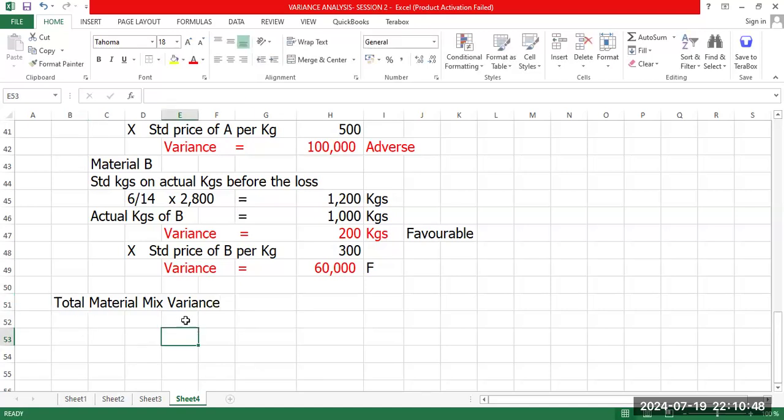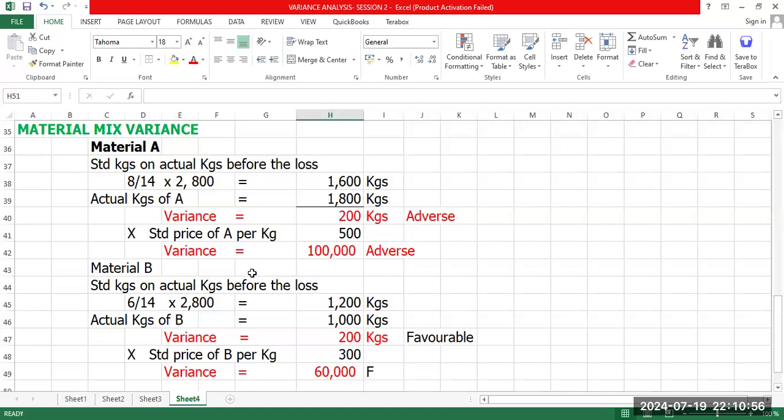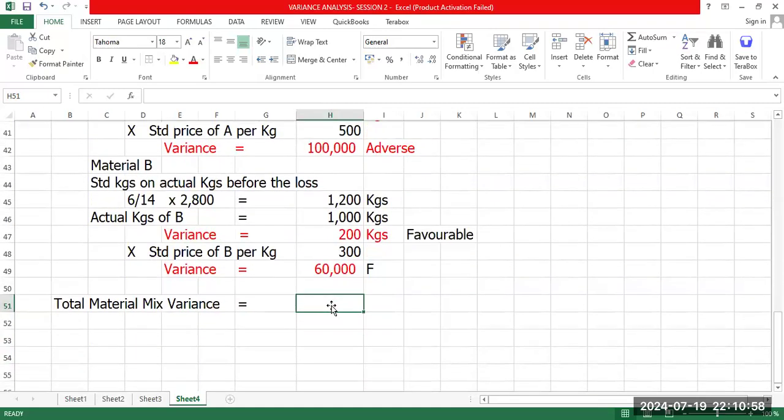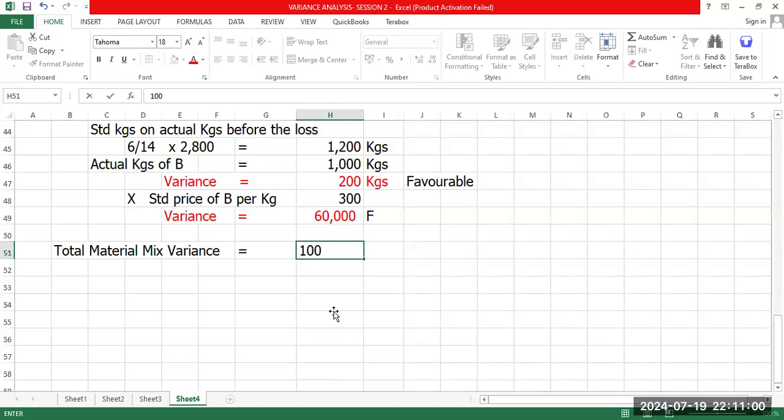For A, it is 100,000 adverse, then add 60,000 favorable.